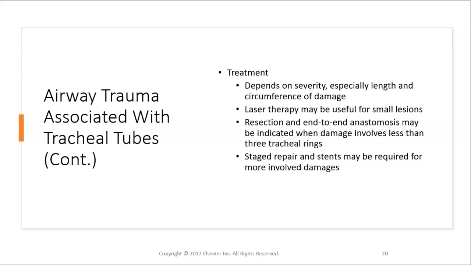Or if you're noticing a lot of abdominal distension because air is going from the trachea into the esophagus and down into the stomach. Otherwise, they'll usually do an endoscopy where they go down with a scope and look for a hole. Treatment usually includes surgical closure of the defect.